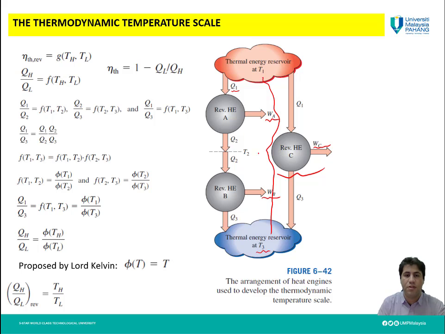This is also important: all of these three heat engines are reversible, or Carnot cycle, or Carnot heat engines. To find the thermal efficiency of this engine, as you know, we can use this equation. Thermal efficiency is equal to 1 minus QL divided by QH.